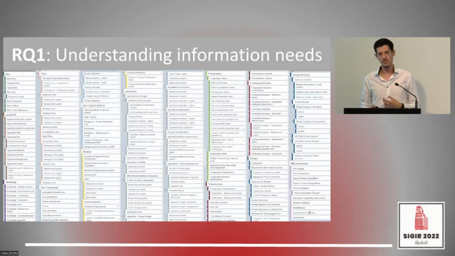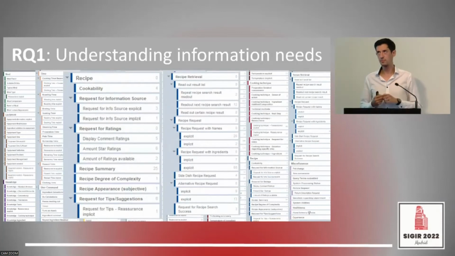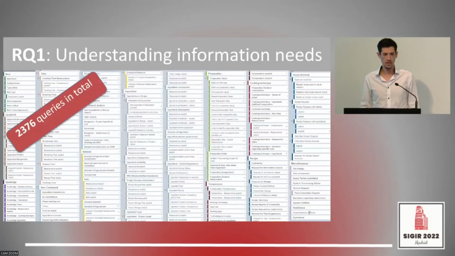Since I didn't give them any recipe before they were forced to cook, there was also an initial recipe retrieval stage, and for this kind of information need there are a lot of different nuances that could be detected in that collection. In total, there were 2,376 queries that actually expressed an information need.